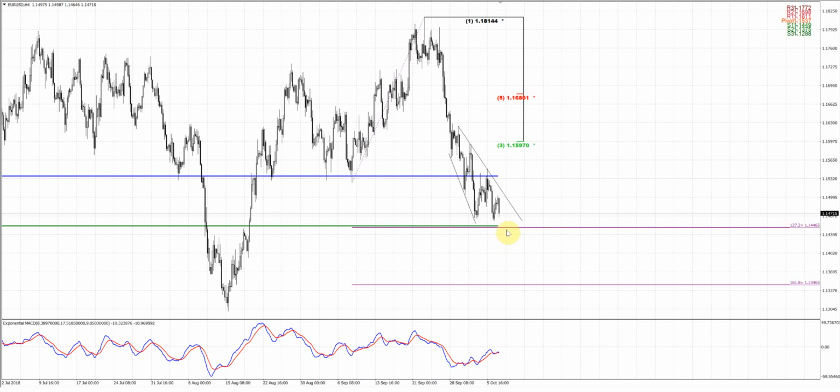This is much better than trying to jump in somewhere in this area and placing stops below it.